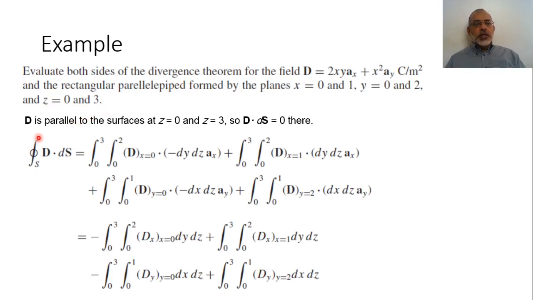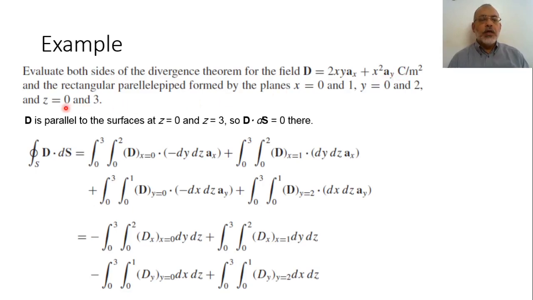So the integration over a closed surface D dot dS would be 6 integrations. We have x component, y component, and we don't have z component.